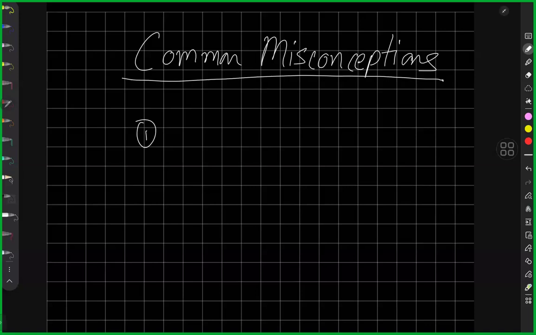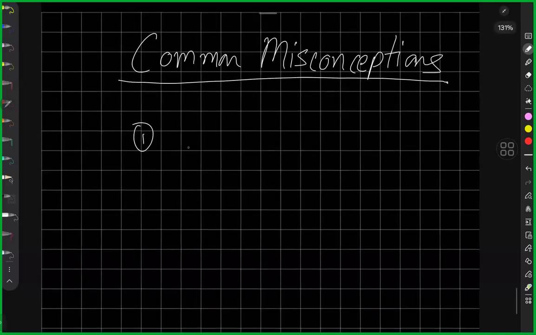Okay. The first thing that I want to talk about is how the potential difference for a resistor can be gauged in a series circuit. The misconception is this: let's say I draw a circuit.